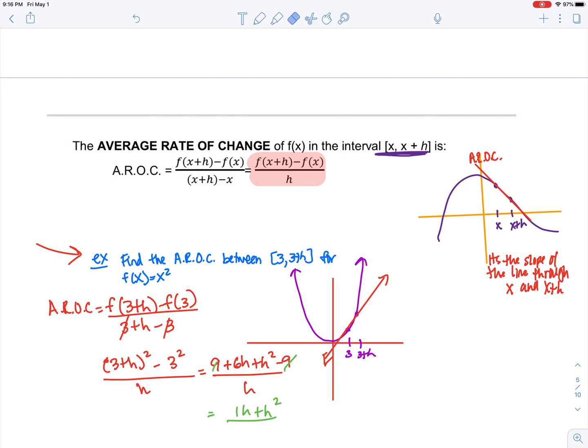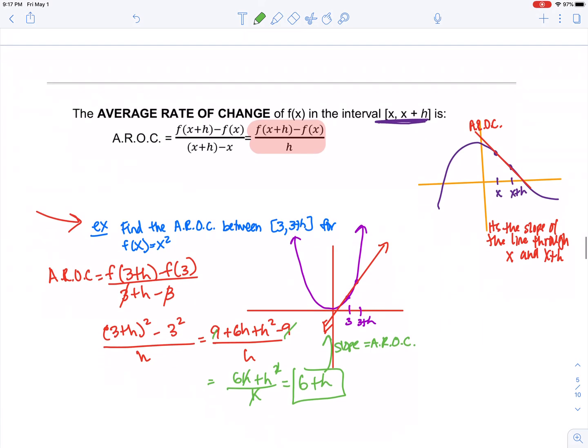Let's try that again. And so when I simplify this, I can divide out this h in each of those. So my slope is 6 plus h. So this would be the slope, or the average rate of change for that line on the interval 3 to 3 plus h.